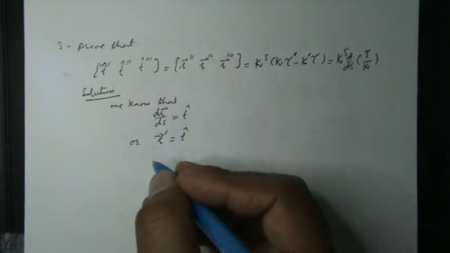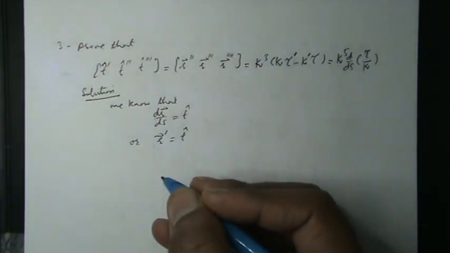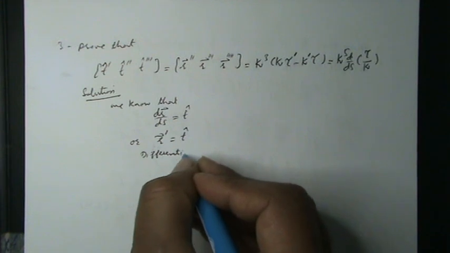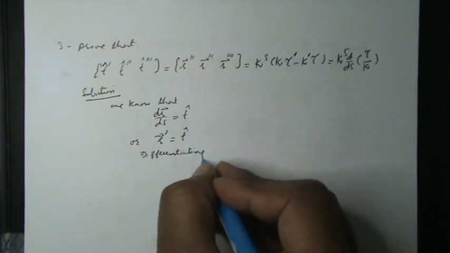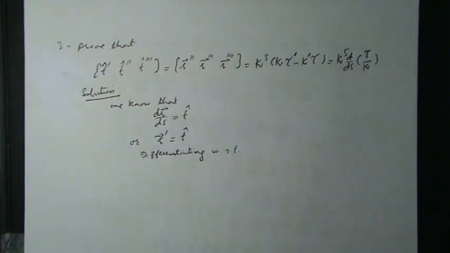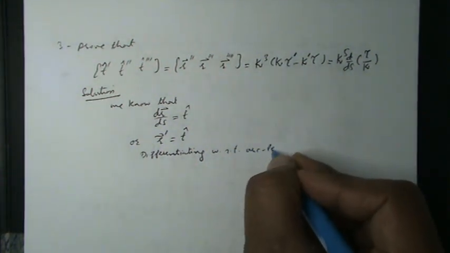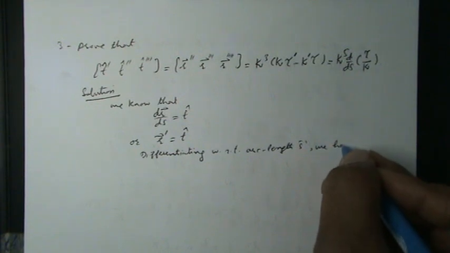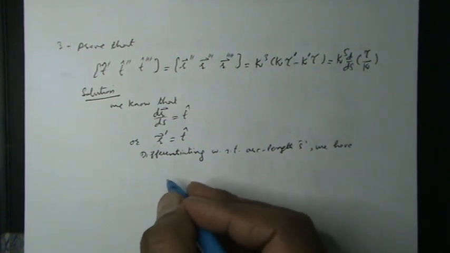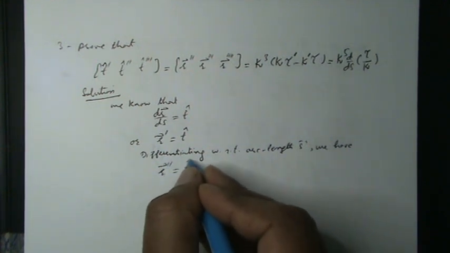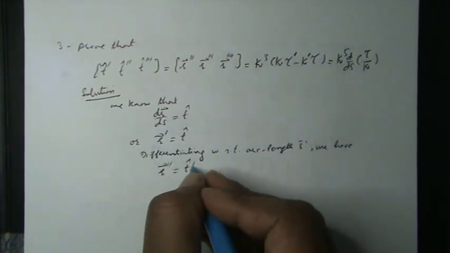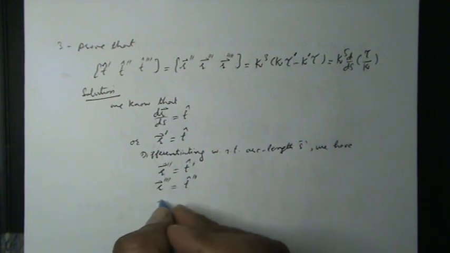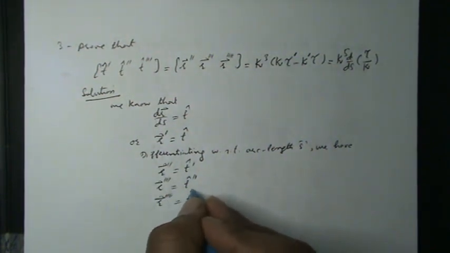Differentiating with respect to arc length S, we have r double dash is equal to t dash, r third derivative is equal to t second derivative, again fourth derivative, t third derivative.